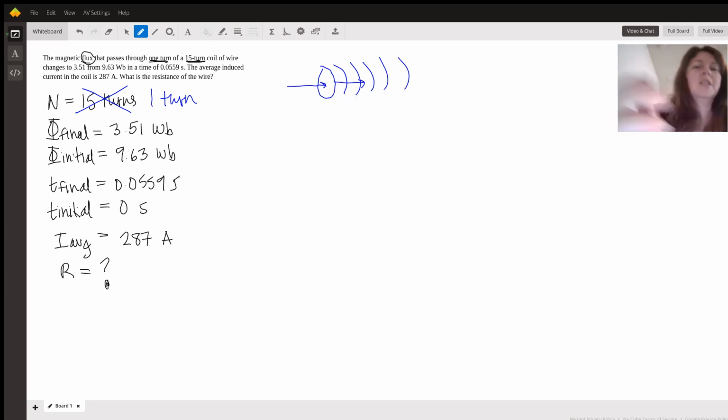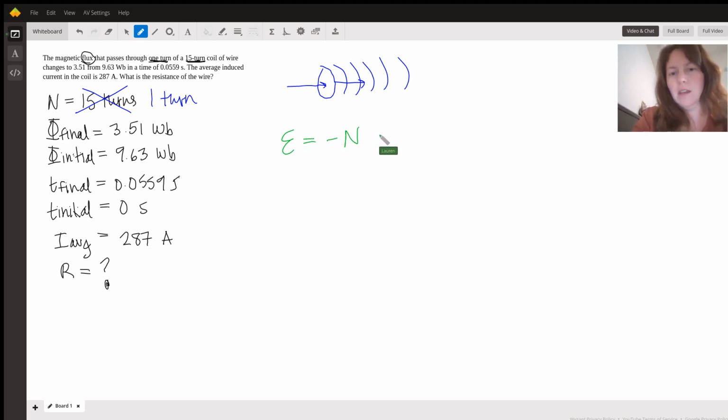Okay? So if we use our EMF equation, the EMF, or Faraday's law, is equal to negative N times the change in flux. So we need a delta flux over a delta T. And if you're in the calculus version, it would actually look like this: d flux over dt as a derivative.